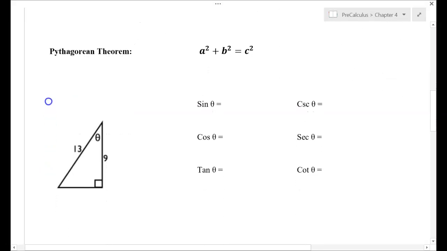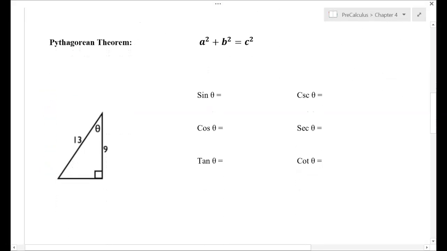The other idea we need to remember is Pythagorean's theorem, which says that a squared plus b squared equals c squared. A and b are the legs, and c is your hypotenuse. So when you use Pythagorean theorem, just plug in the numbers that you know and solve for the one that's left.